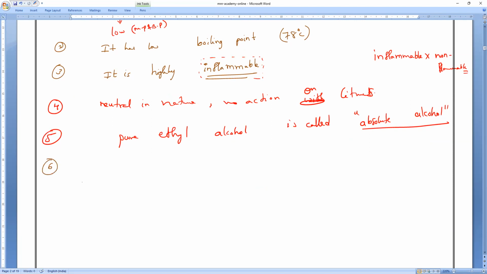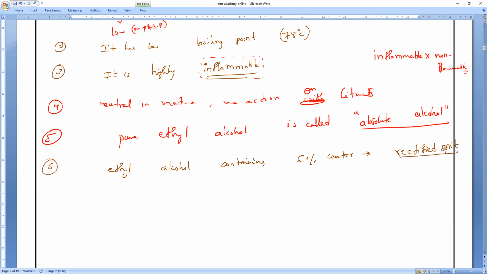Next one. Ethyl alcohol containing 5% water is called rectified spirit.